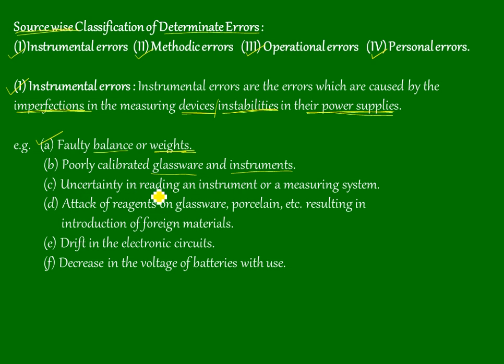Then there is uncertainty in reading an instrument or a measuring system. If your instrument is showing uncertain readings, that means the readings are not stable for a while, and that can lead to error in a measurement.